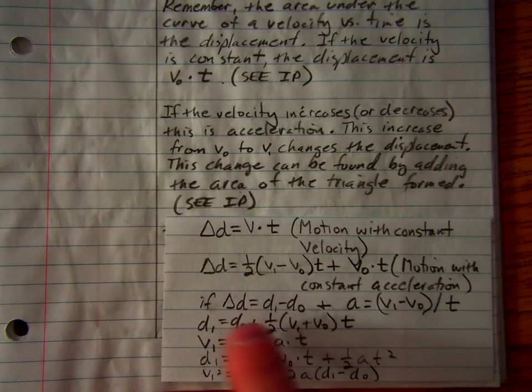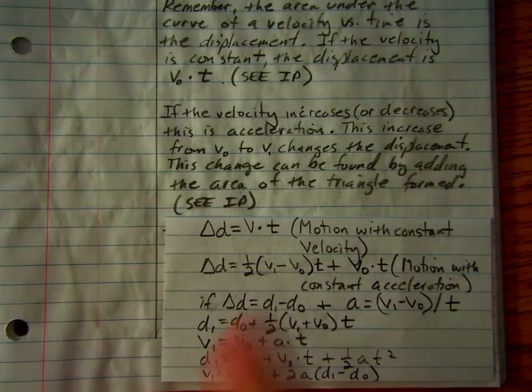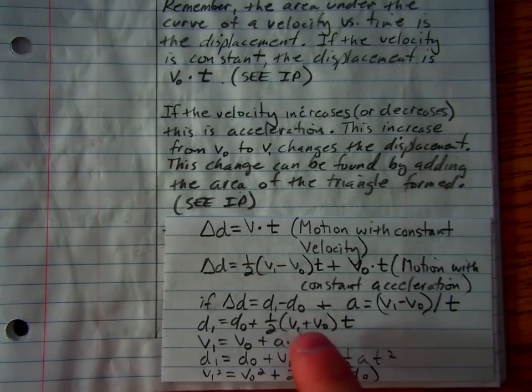What this boils down to is the final position d1 of an object traveling with constant acceleration is just equal to the initial position plus the average of the initial and final velocity. So we just add the initial and the final velocity together, divide by 2, and multiply that by the time.